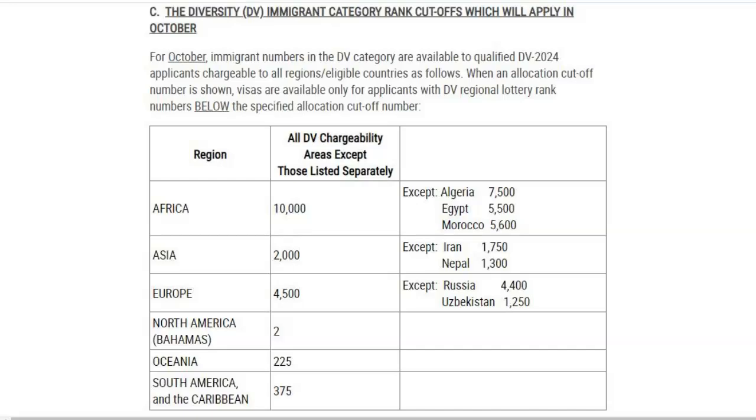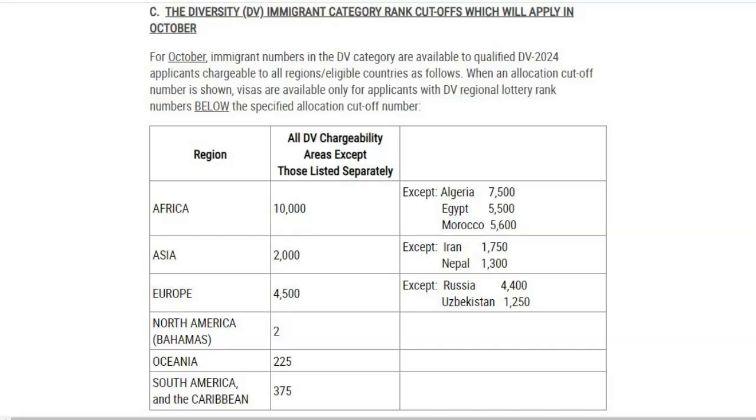Now, on the basis that the case numbers in the DV 2025 program are not as extensive as in the DV 2024 program, by interpolation, we can identify case numbers that are below 8,000 as case numbers that could be considered as the lowest case numbers in the Africa region for the DV 2025 program. So for the Africa region, we can say 8,000 is the number.